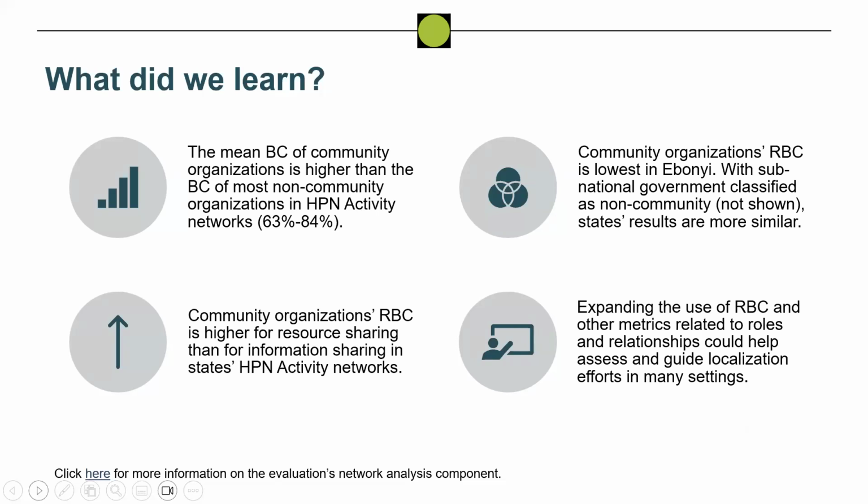How can we improve network data collection and optimize decision-making about how organizations are classified as community, non-community, local, non-local, etc.? And lastly, expanding this kind of work could help guide localization efforts and related efforts in diverse contexts by providing us with objective information that originates with local stakeholders and others about how they work together and highlighting opportunities for more effective, equitable, and sustainable collaborations.